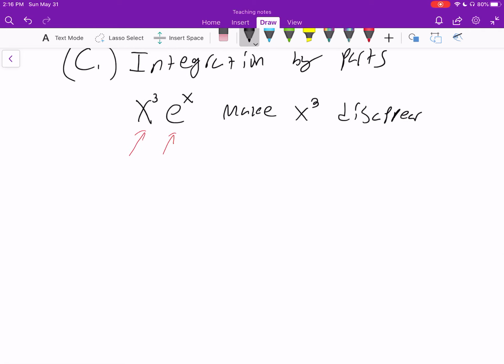You could have something of the form e to the x cosine of x. And this was something we had to use integration by parts on. The reason this worked is, let's say differentiate, because it's easier thinking in terms of differentiation.